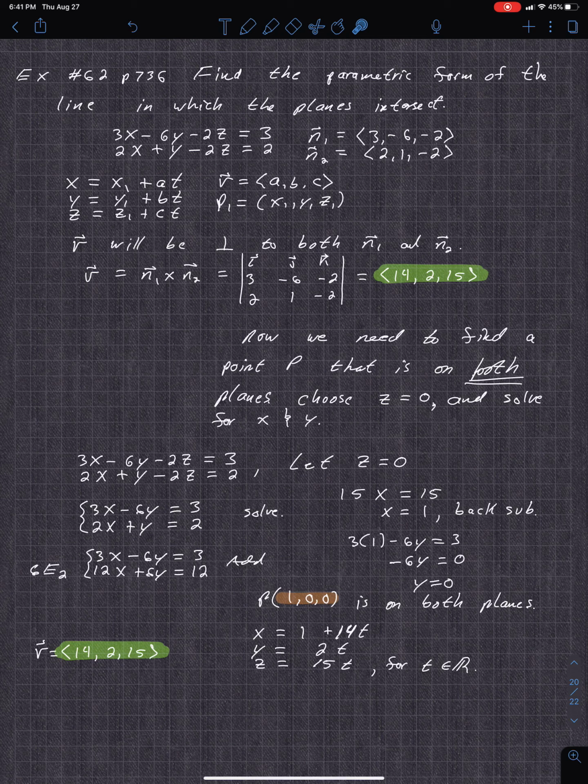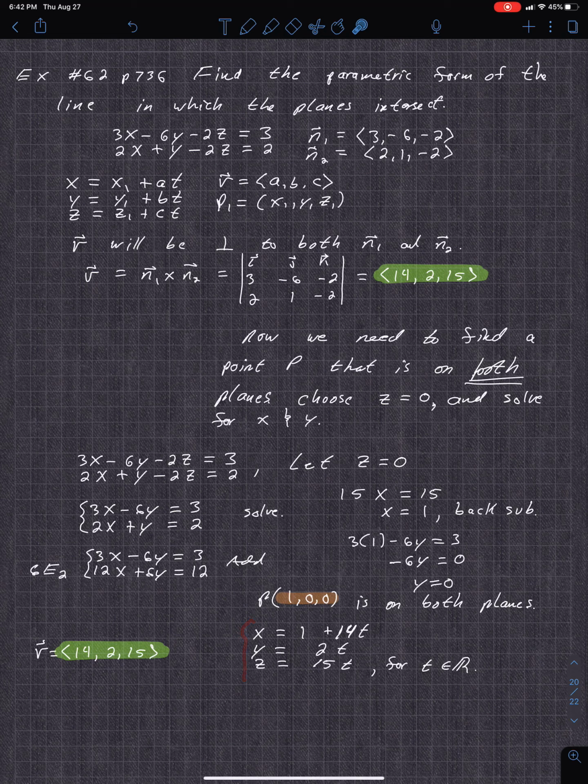That's one technique to use. Then we solve, and you get this point, which is now on both planes.